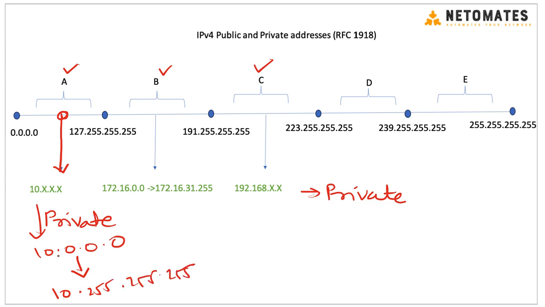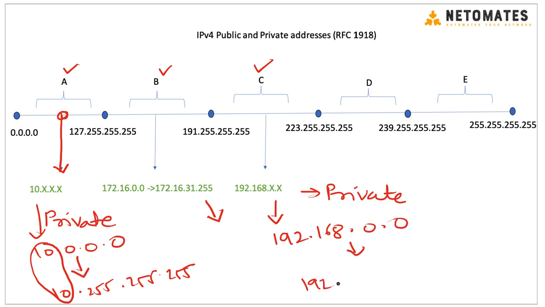So if you see any address starting with 10, it's a private IP address in class A. Similarly, in class B it will start from 172.16.0.0 and go all the way to 172.31.255.255. In class C it will start from 192.168.0.0 until 192.168.255.255. So this is the private range in class C.